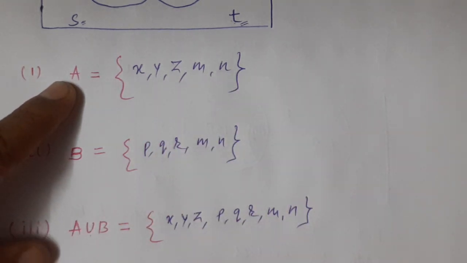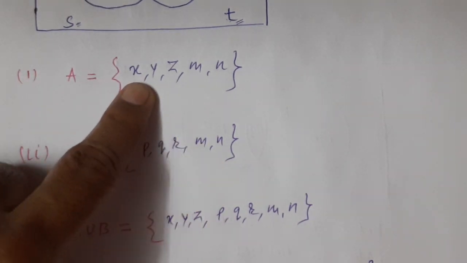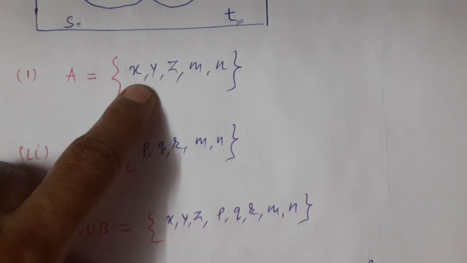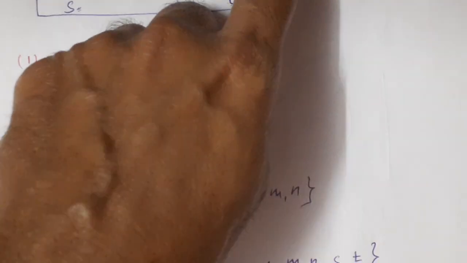What is the complement of A? Whatever elements are present in the universal set except the elements of that set.